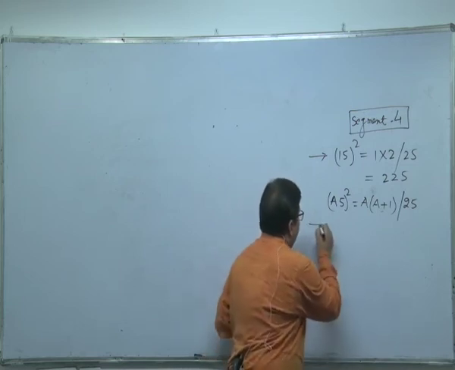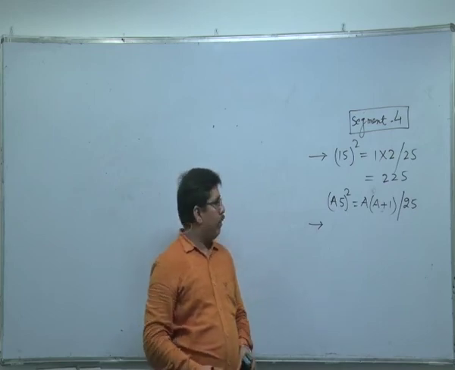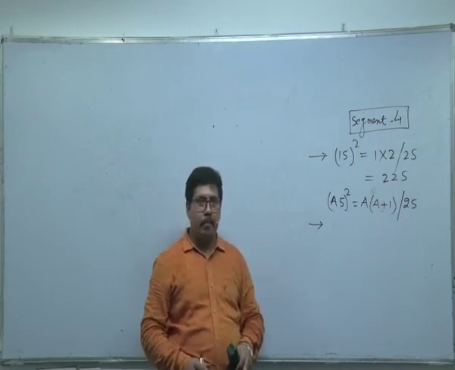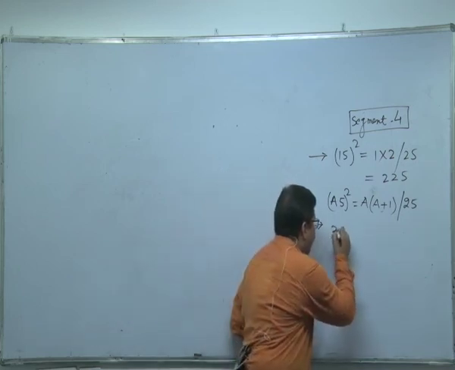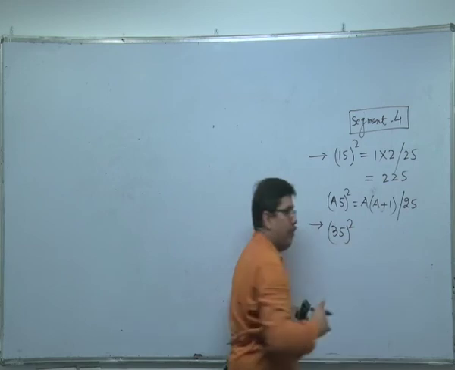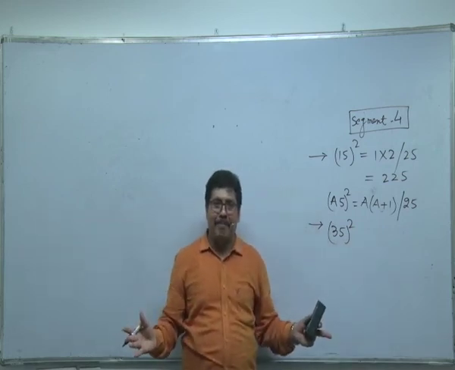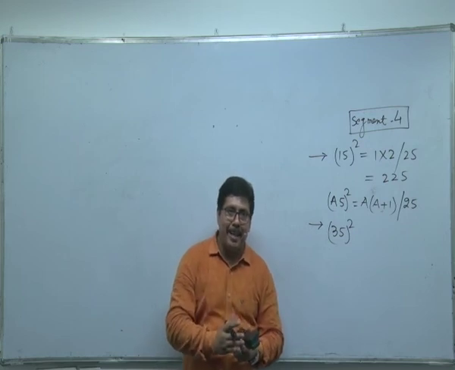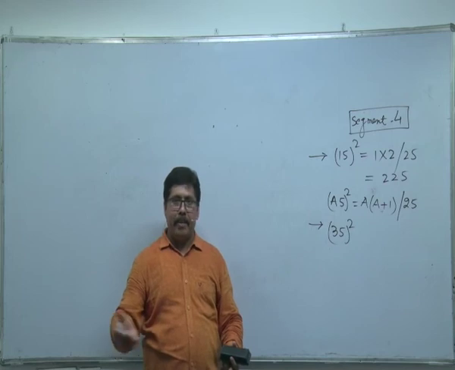Now, let us take 3-4 examples based on this pattern. What is the square of 35? This is not more than a 5-second job. 35 square is 3 into 4, then 25, is 1225.